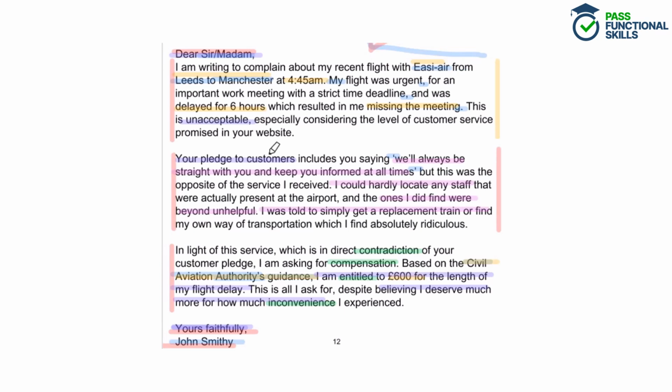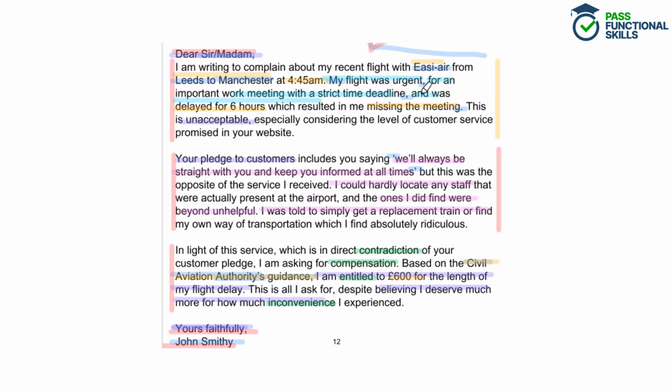We've also got in this answer quite a few really detailed sentences that link multiple ideas together. So we saw how commas were used to link this sentence together. My flight was urgent is one idea, and then for an important work meeting with a strict time deadline is another idea there that has been linked using a comma.